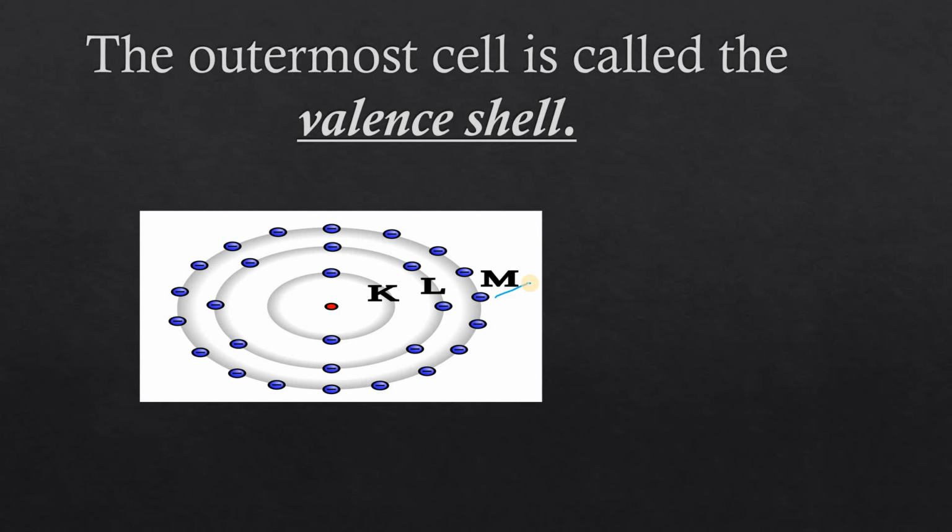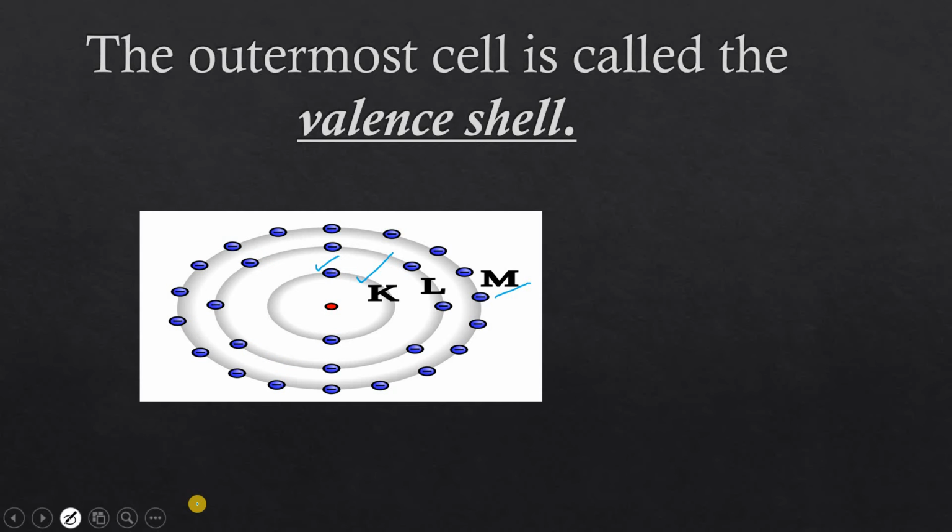But the valence shell is not the same in all atoms, because in certain atoms K can be the outermost shell, like hydrogen. Only one electron is present there, so we need only the first shell. So K can be the valence shell, L can be the valence shell, and M can also be the valence shell. The valence shell is not the same in all the elements.